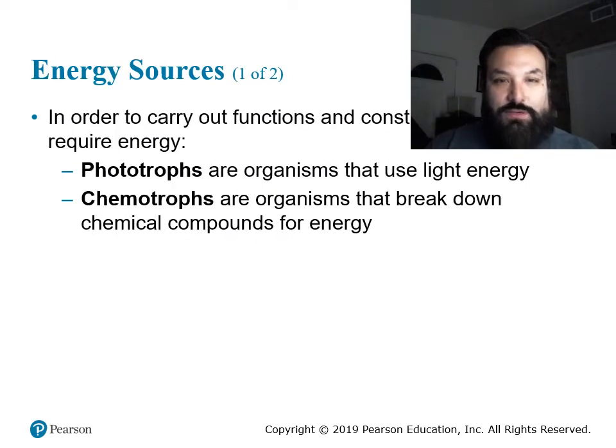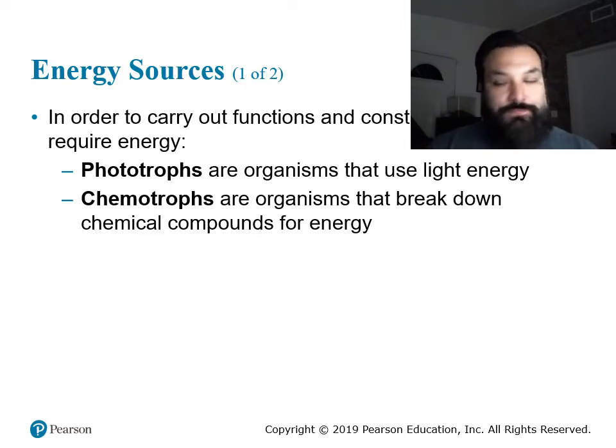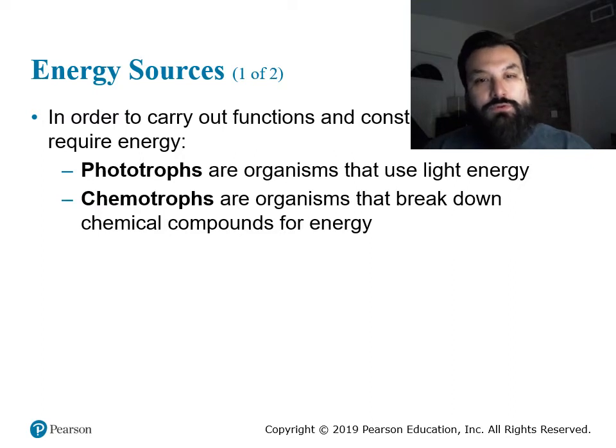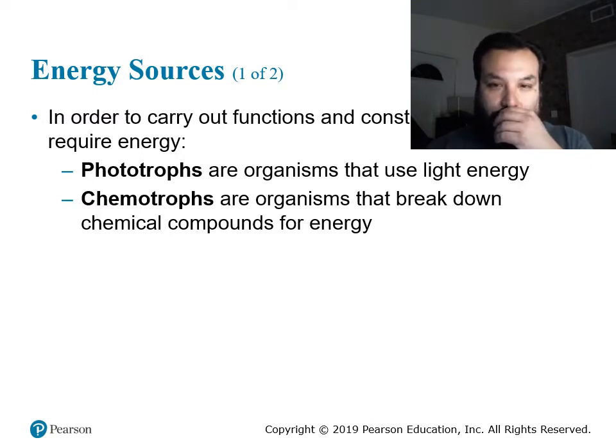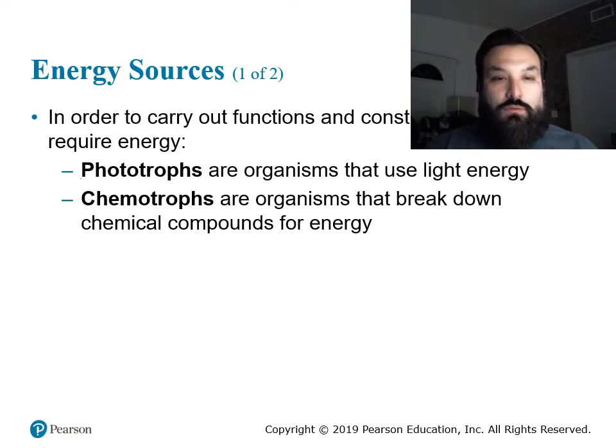All right, when we talk about energy sources and requirements of energy, they come from different places. If you're an organism that uses light energy, then you are a phototroph. Some organisms, including bacteria, can use energy from light, that is, energy from the sun.